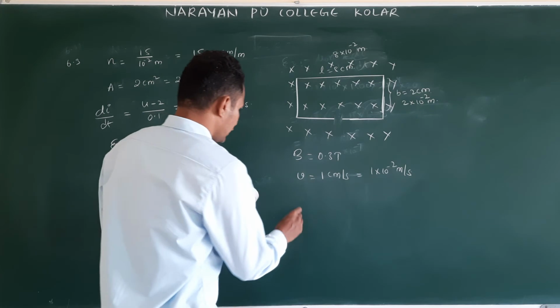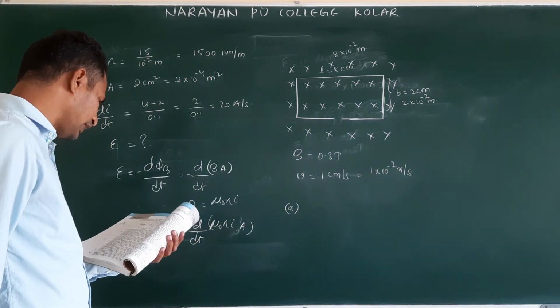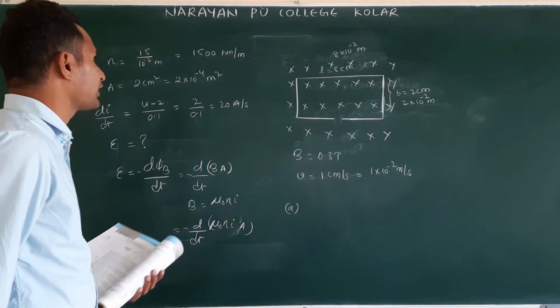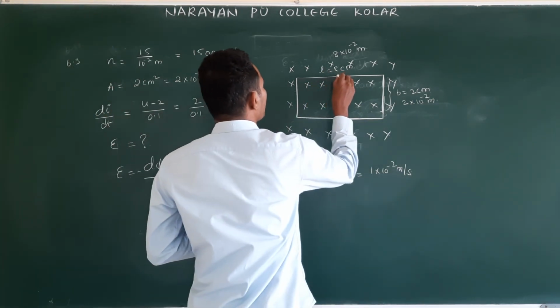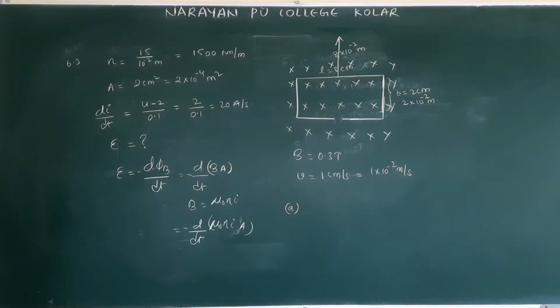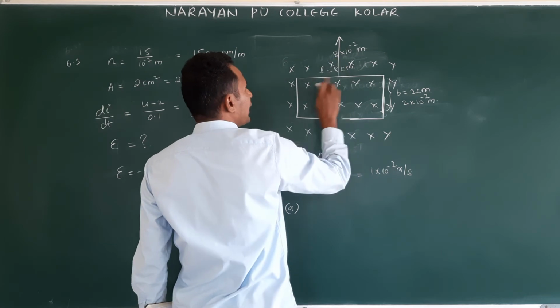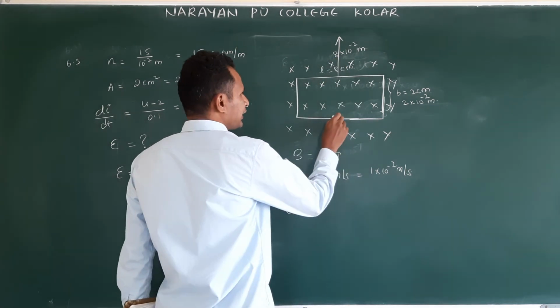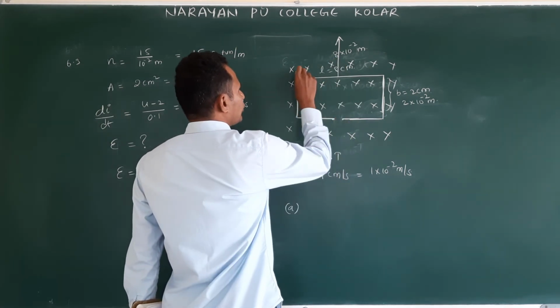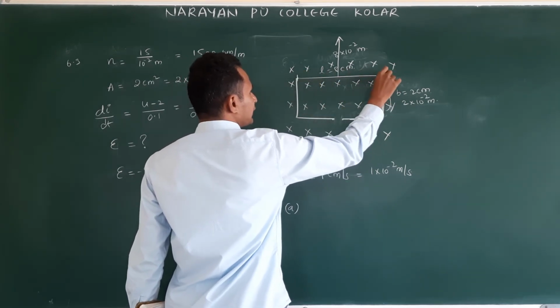In the first case, it is moving in the direction normal to the longer side. Suppose the rod moves like this. Clear? The rod is moving perpendicular to the longer side. They are asking for the induced EMF, the potential difference across the cut.